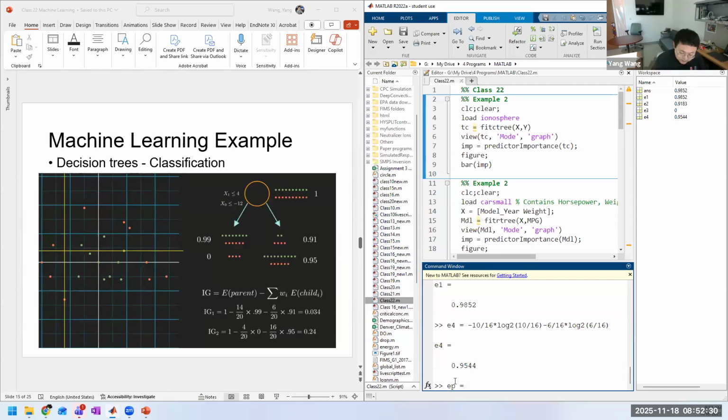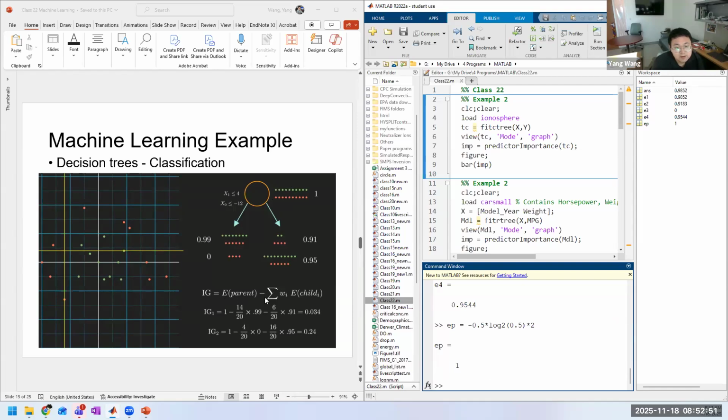If you have an even split, then you have 0.5 multiplied by log 2 of 0.5, and then you just do minus this thing and multiply by 2. So we get 1. When you have an even split, the entropy is 1.